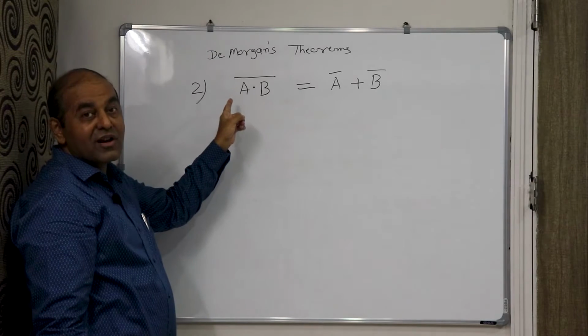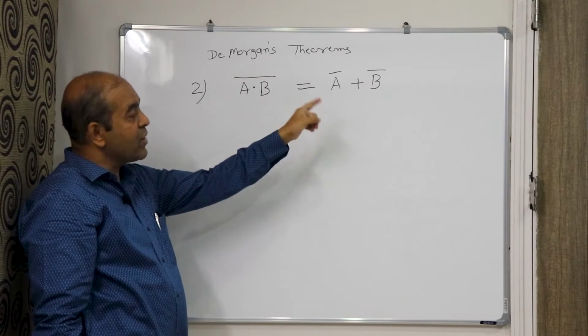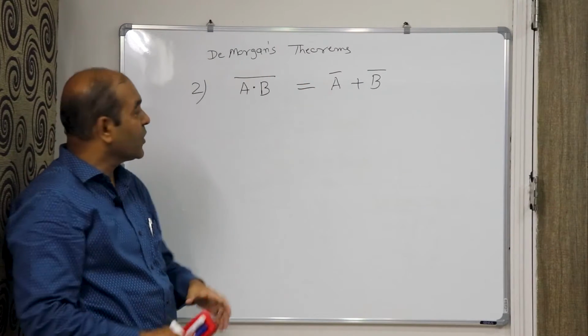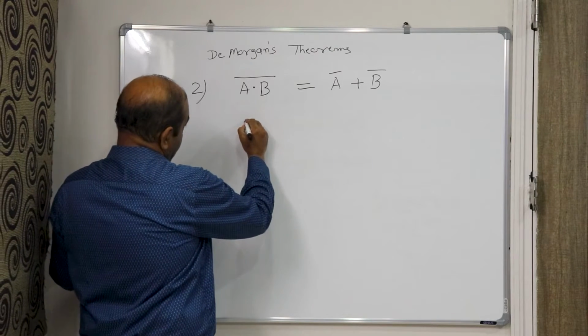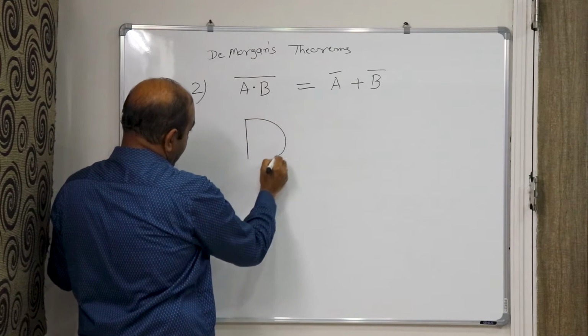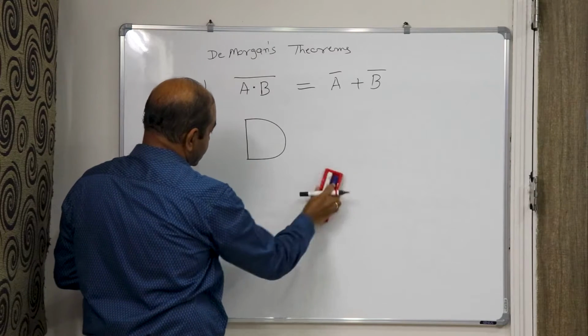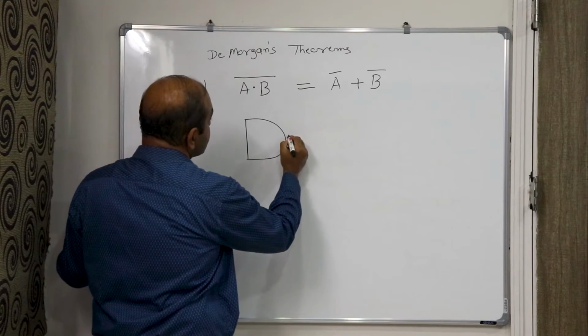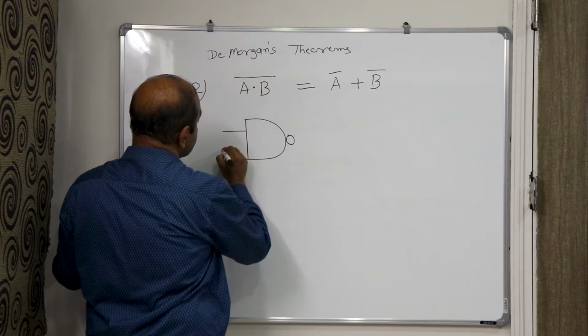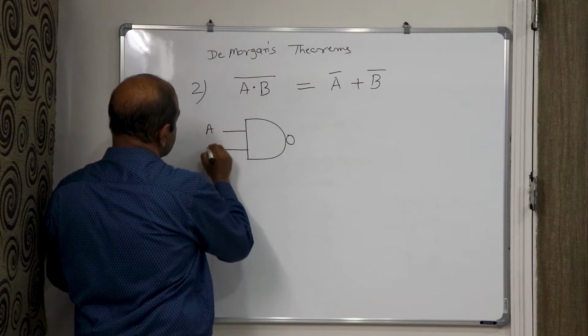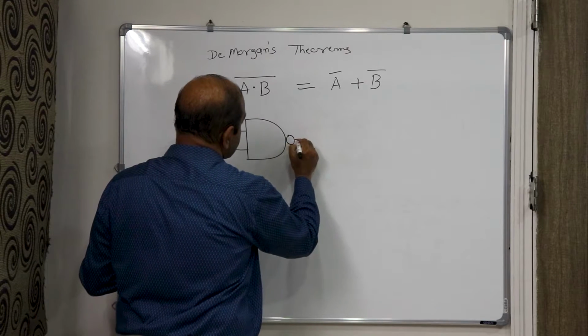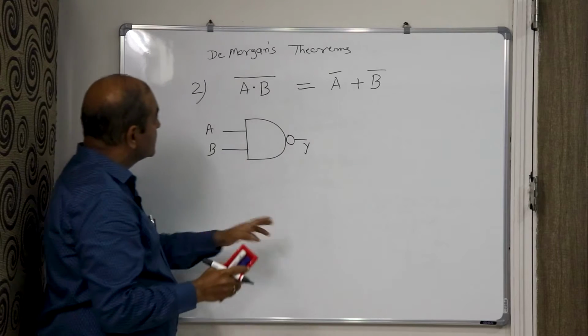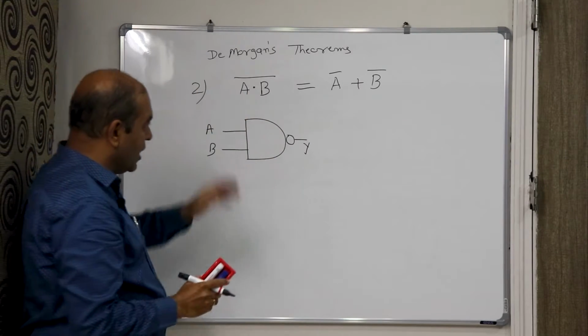Now this is your NAND gate, equal to A bar plus B bar. This output is (A dot B) whole over bar.